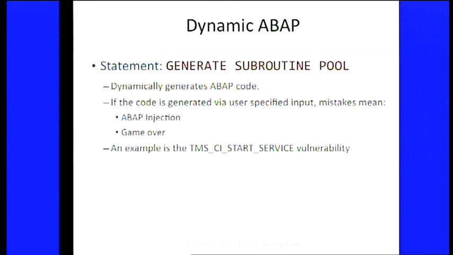What this GENERATE SUBROUTINE POOL statement does is take import source code lines, compile them, and execute them. And there are some ABAP programs, of course, doing it intentionally for functionality or unintentionally. So this is a very good feature, a lifesaver, but it can also be a security disaster, because if you have very old SAP systems, 10 years old, or different SAP systems, you don't have the same tables.